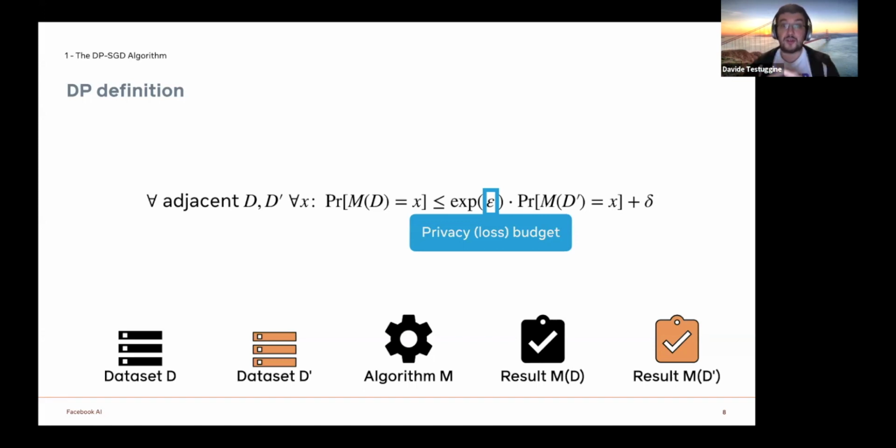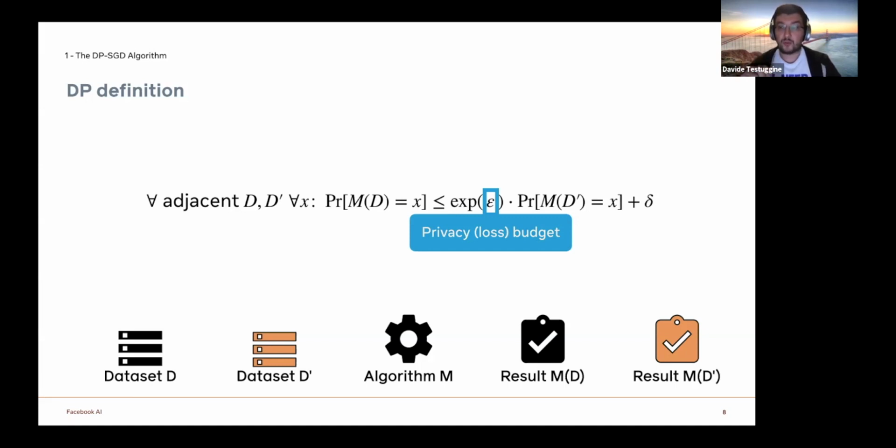And epsilon is a parameter, or what people call the privacy loss budget. It could be a bit counterintuitive that actually the higher the epsilon, the more these probabilities are allowed to diverge. Therefore, the less private this whole thing is. So actually, you want epsilon to be small. It's not a random parameter. It actually has a precise meaning.